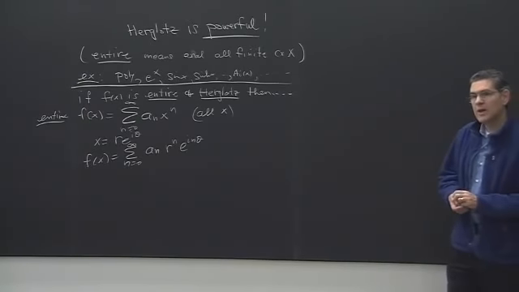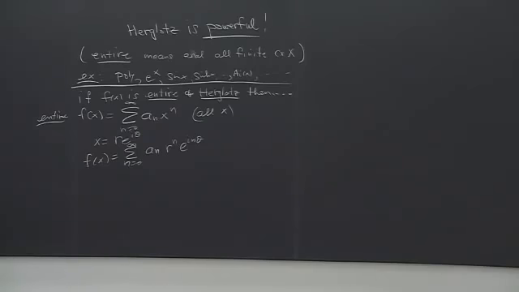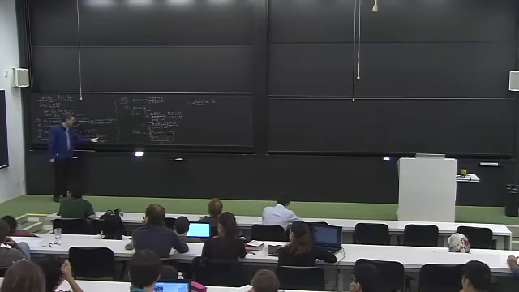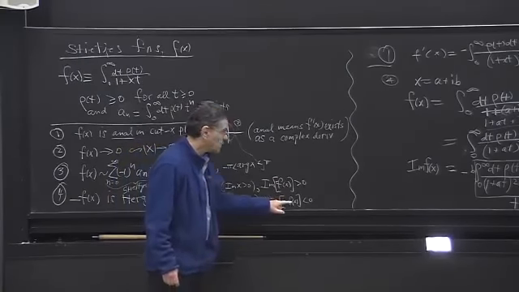Okay? Now, you notice in the definition of Herglotz, Herglotz says in the upper half plane, the imaginary part of the function is positive, and in the lower half plane, the imaginary part of the function is negative.